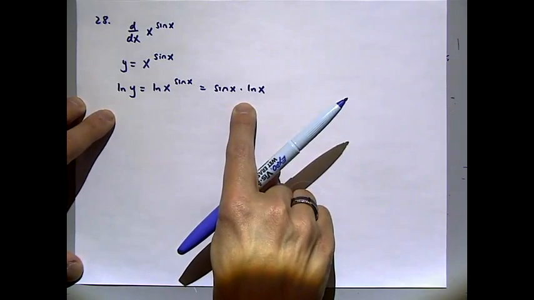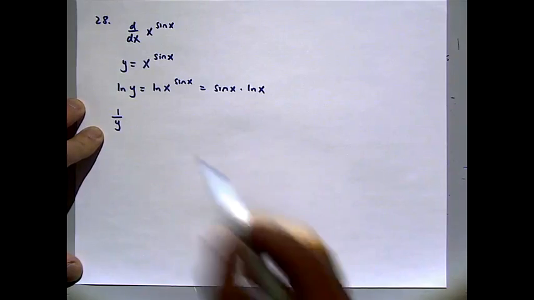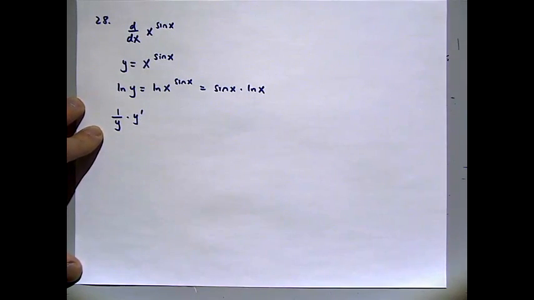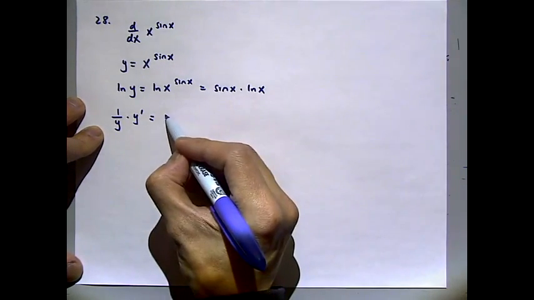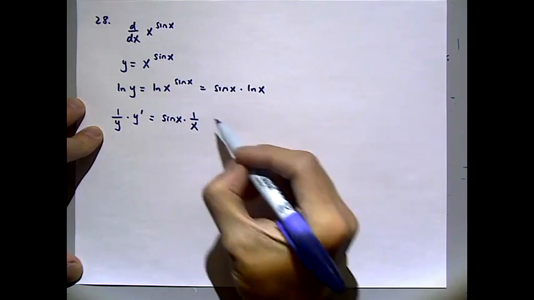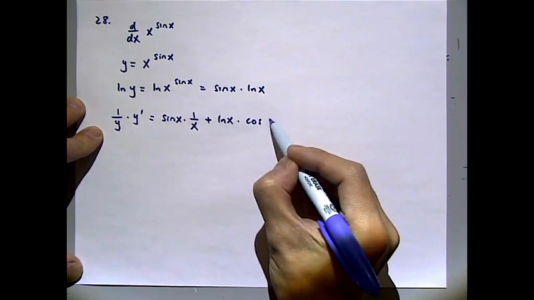Now we take the derivative on both sides. Left side is 1 over y, but then chain rule applies. We need to multiply by y prime. Right-hand side is a product rule. First times derivative of the second plus the second times derivative of the first.